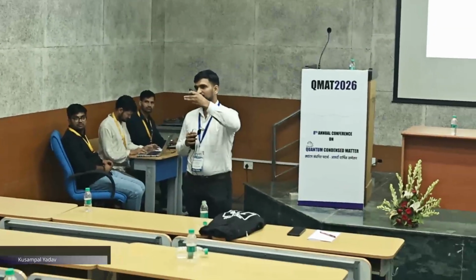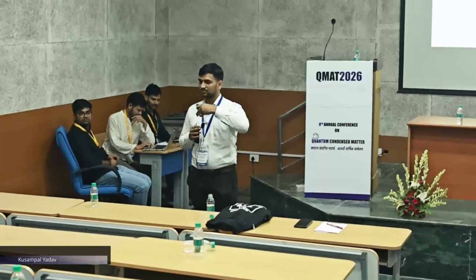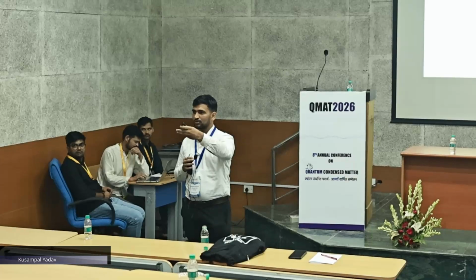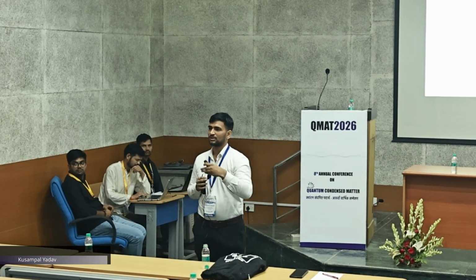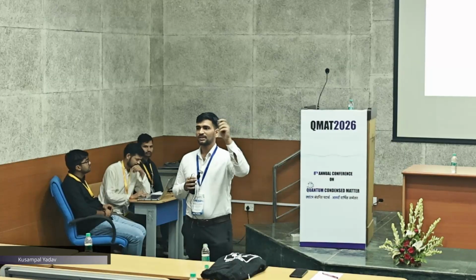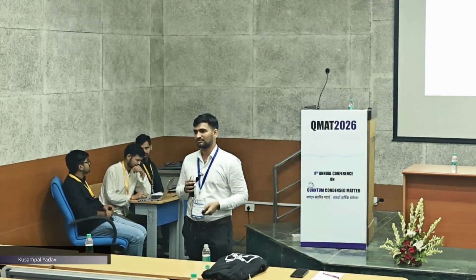Then when we grow this BTO, the lattice mismatch increases, so there will be large tetragonal distortion in the BTO. That will introduce a large polarization value in the BTO. That can also affect, and that is the next work that we have done.